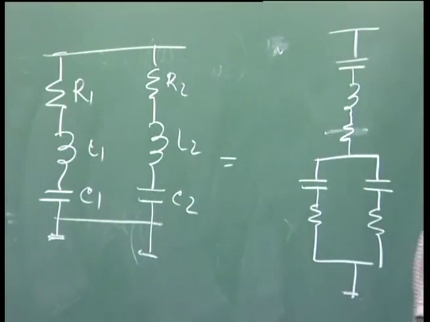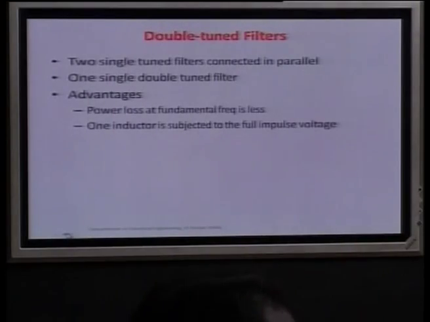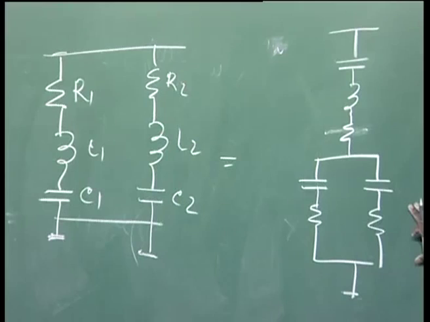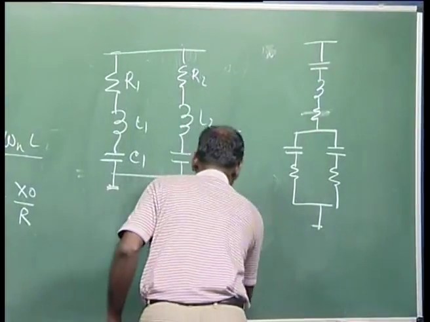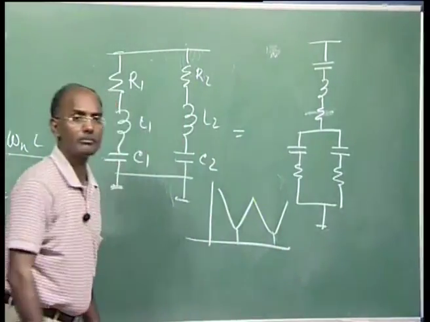And if you see the various advantages here, the two tune filters, as I said, are connected in parallel. So this is here, and we are having the single double tune filters here. The major advantage is that the loss is minimum, and also one inductor is subjected to the full voltage. The characteristic is nothing but the two tune filters; for the two frequencies, it will provide the minimum path.